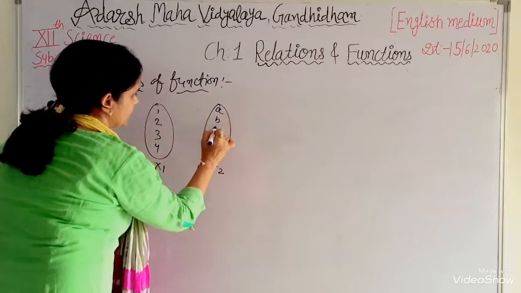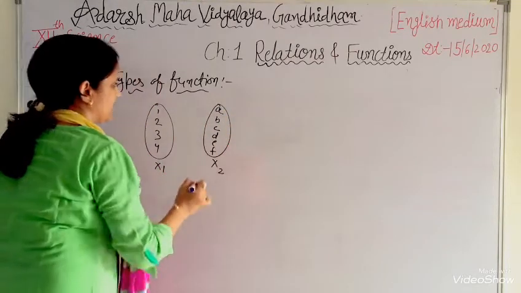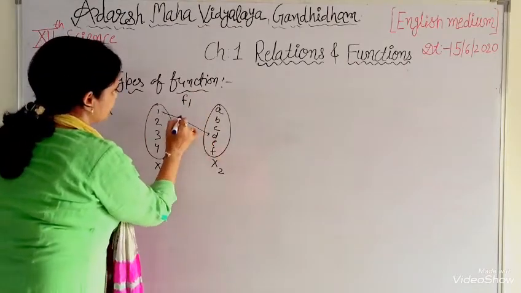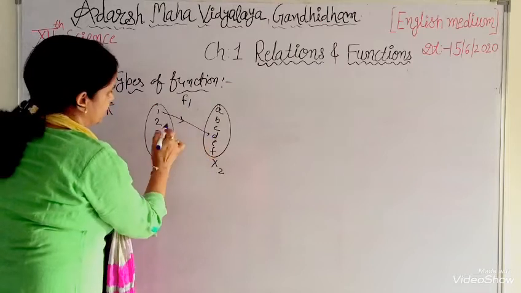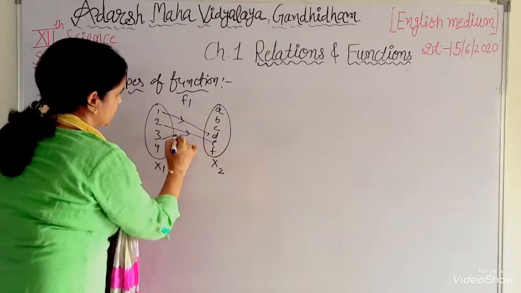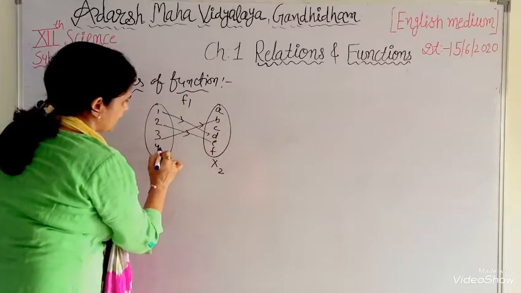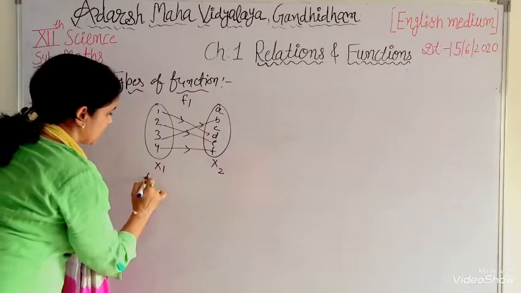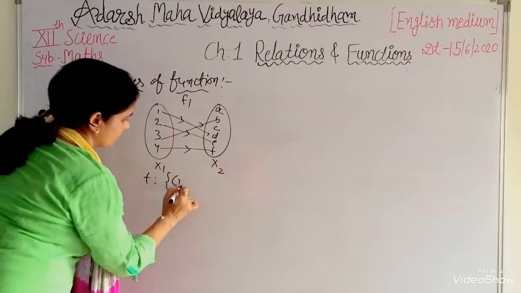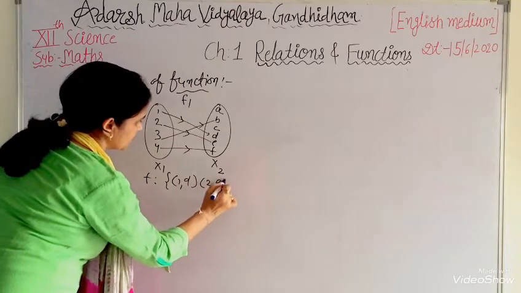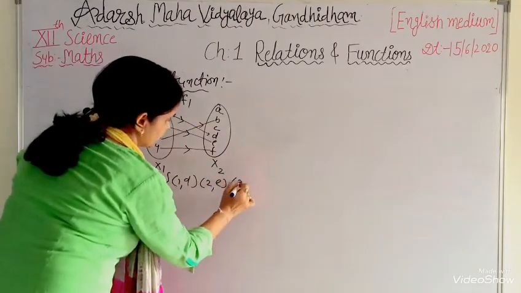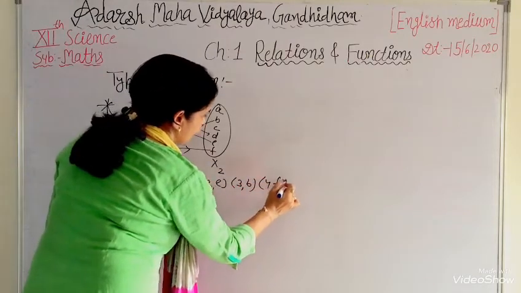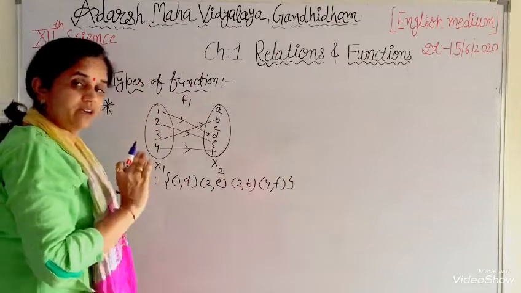Here A, B, C, D, E and F. And function f1 is like this. 1 is related to D, 2 to E, 3 to B and 4 to F. Which type of function is it? Image of 1 is D, image of 2 is E, image of 3 is B and image of 4 is F. It is a one-one function.